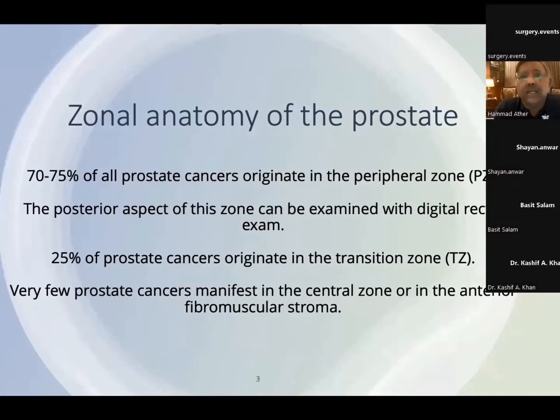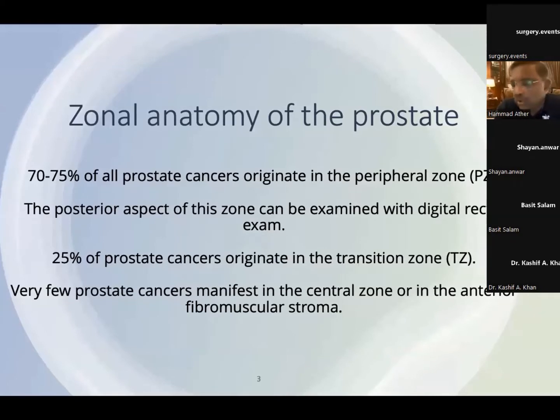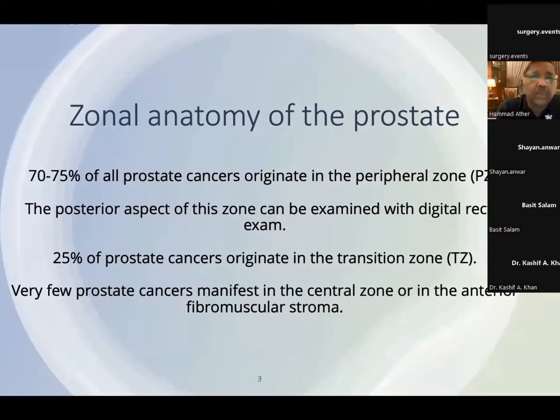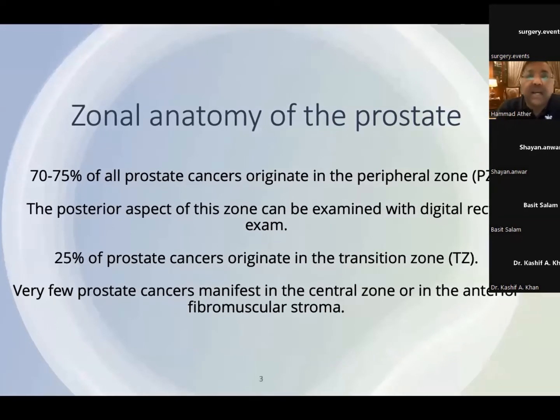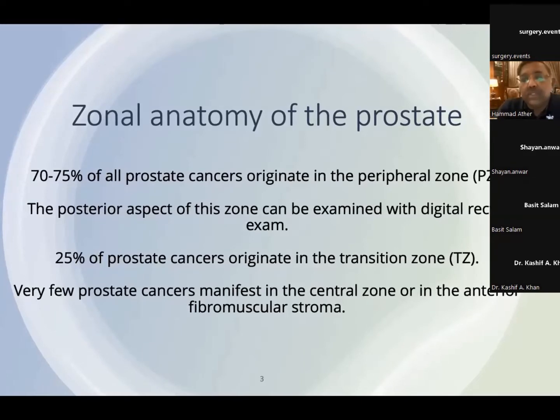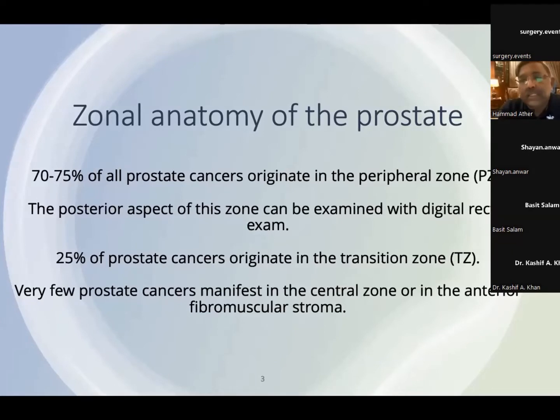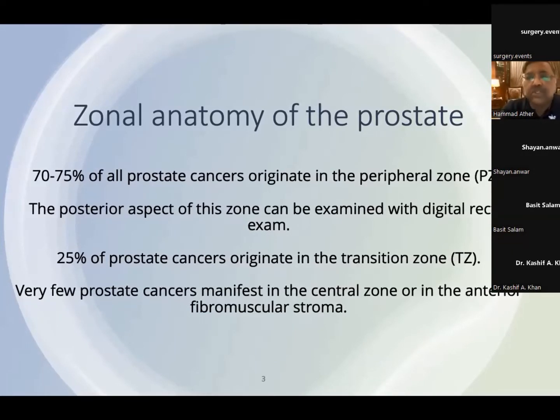We know that the three major zones of the prostate are the peripheral zone, the transition zone, and the central zone. And in addition, we have fibromuscular stroma. To understand these three zones and their configuration in the prostate is key to understanding the MR anatomy and subsequently the pathologies of the prostate.